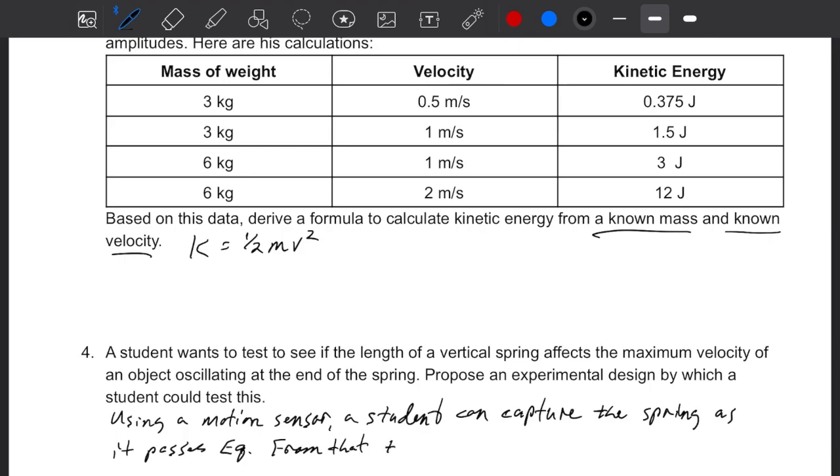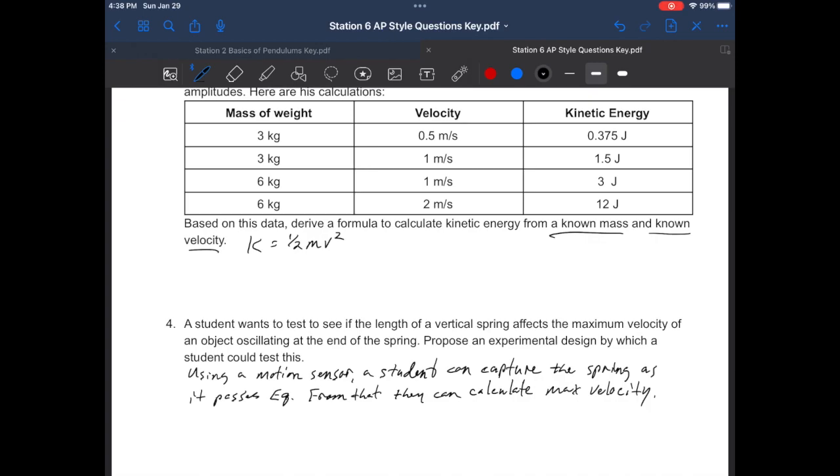We want them to have the same constant, because the only thing we want to isolate is the length as being the variable that we're testing, not anything else. So then if we're able to have everything the same except for the length, and then we measure the velocity at the equilibrium, that would help us calculate this and see what the data would look like.